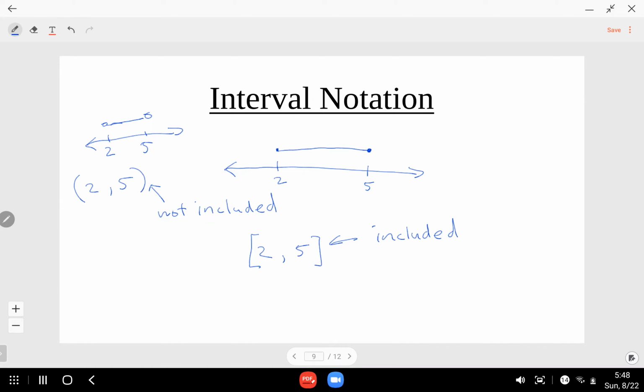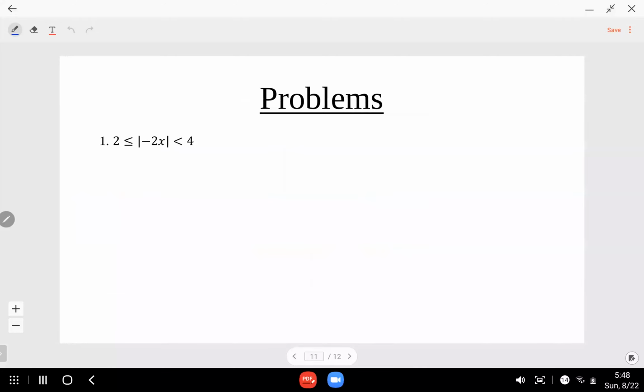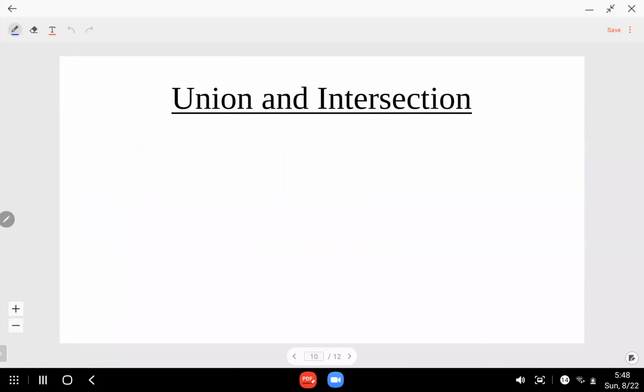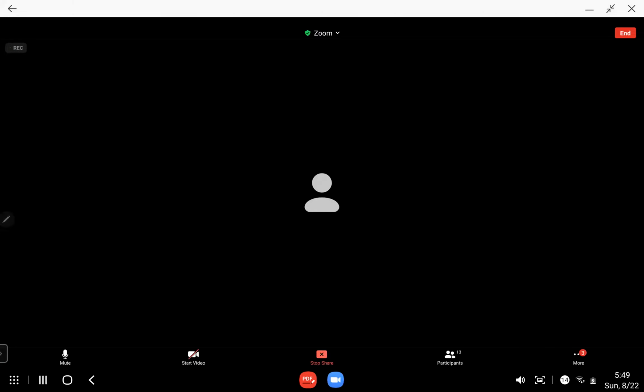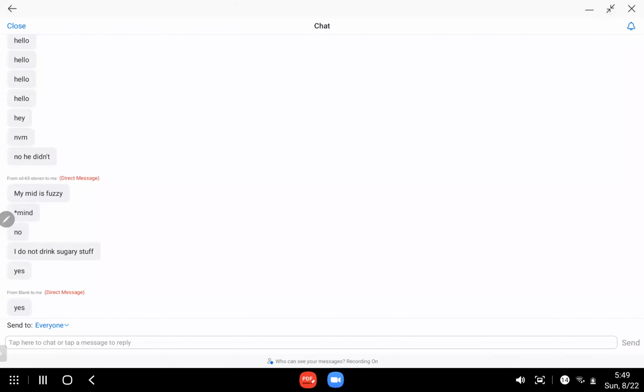So that is interval notation, and now union and intersection. Yikes. Does anybody know what unions and intersections are? Yes, very good.